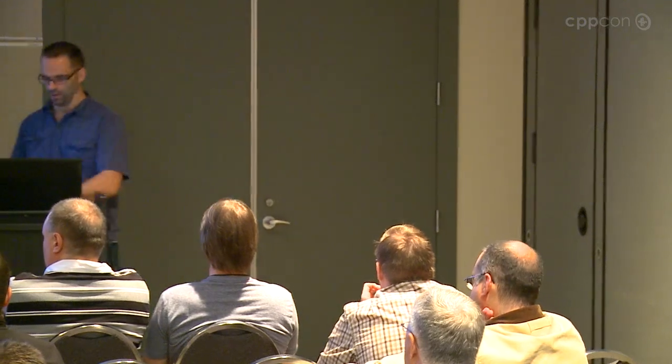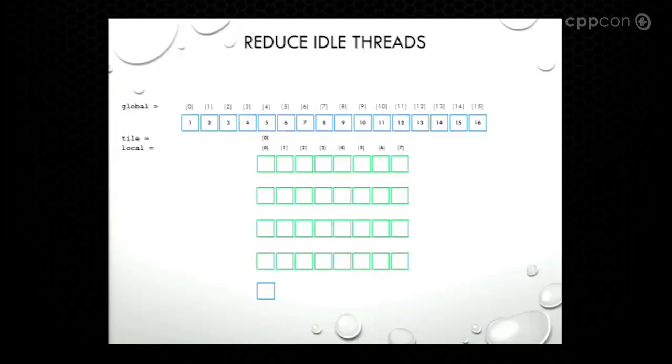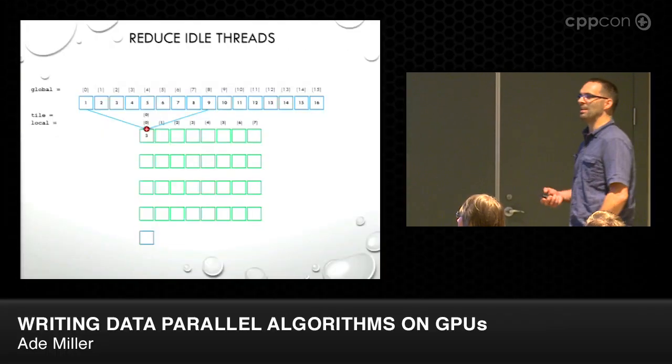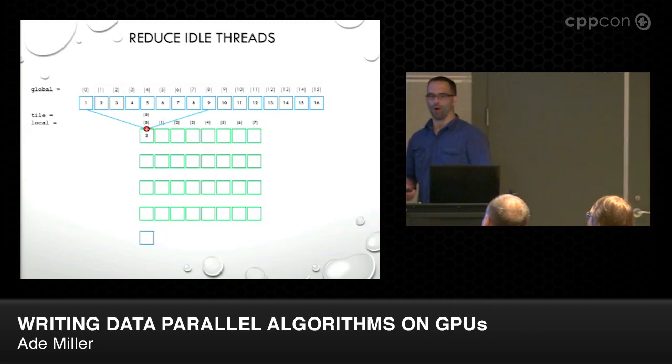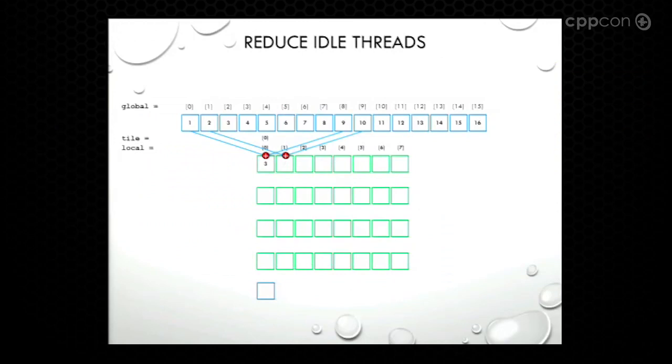They don't do any work. They just go get data. So the solution to that is, why don't I have every thread load from two places and do an operation, right? So make that first level a load and reduce rather than just a load, right?